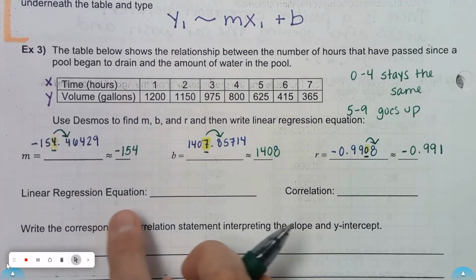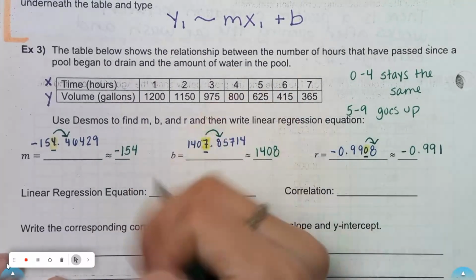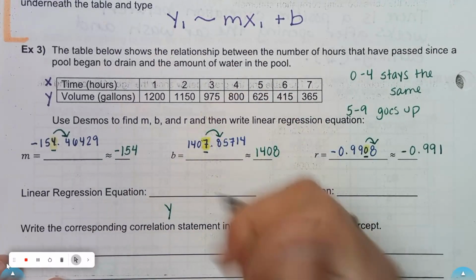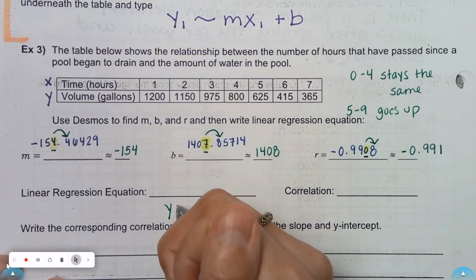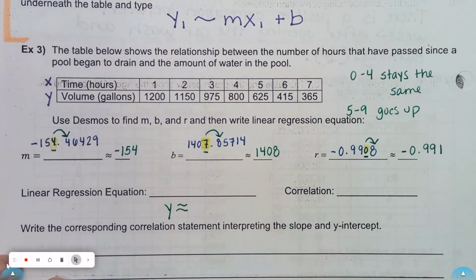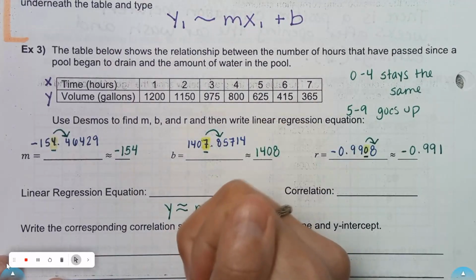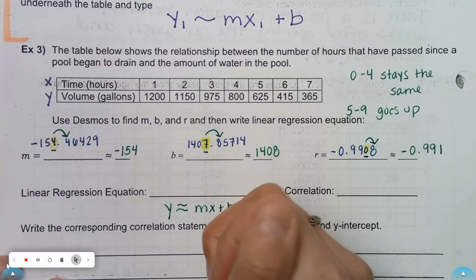Okay, your linear regression equation will be in the form of y equals mx plus b. But because we're rounding, we're not going to put equals, we're going to put about, or an approximation symbol. So it's kind of like a squiggly equal sign. Then we'll write mx plus b.